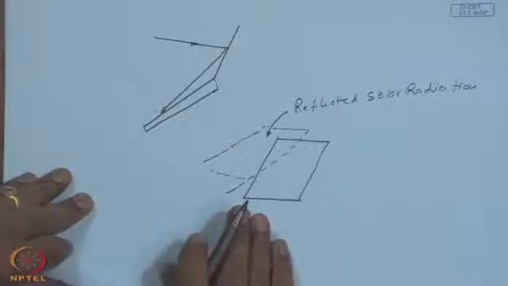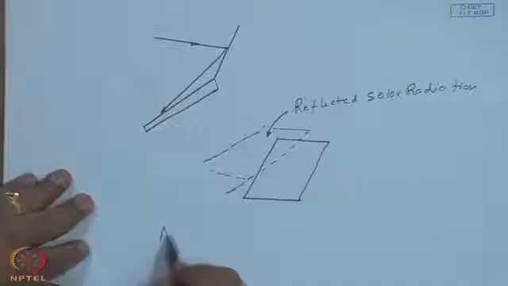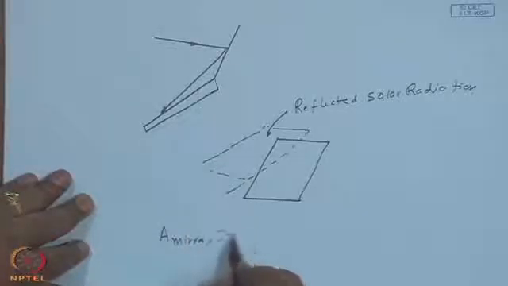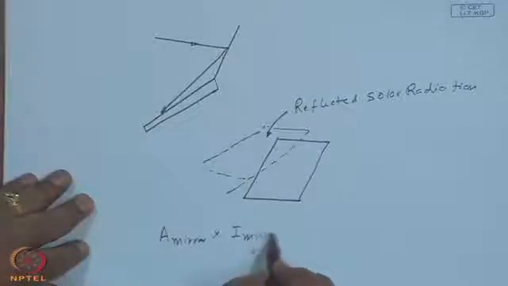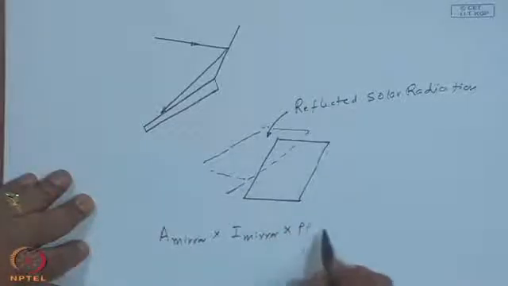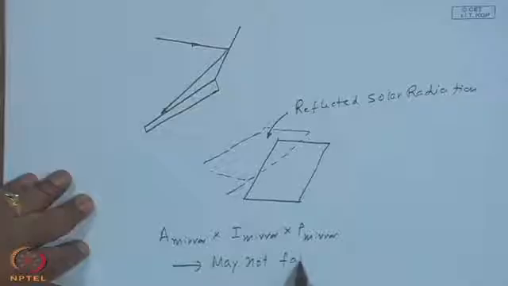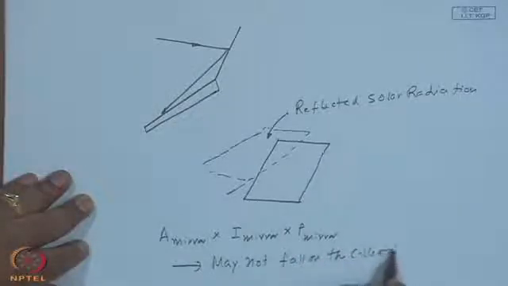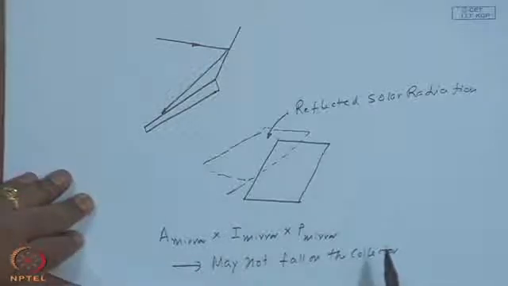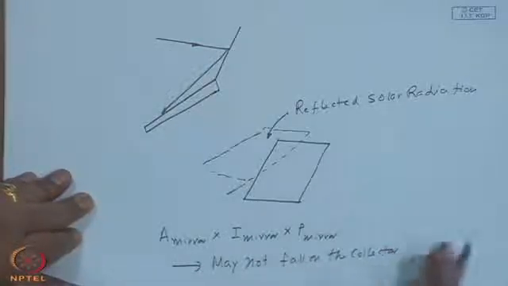So, if there is an area A mirror multiplied by I mirror multiplied by rho mirror, it may not, in general shall not, match, so this will be a useful technique at a particular time period.